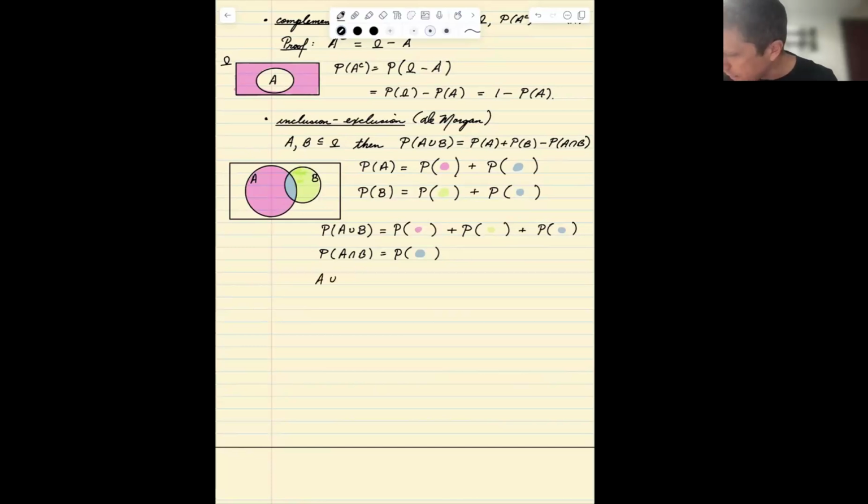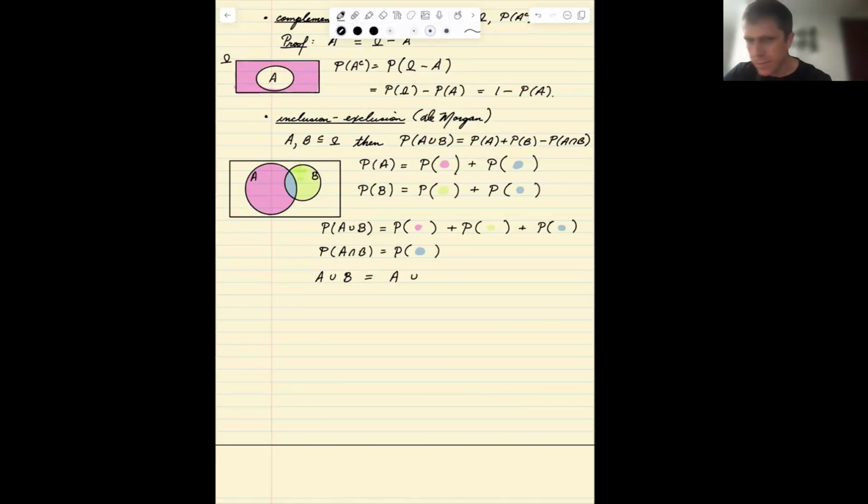We said that A union B can actually be written as A, the part of A not in B, union B minus A, but it's actually B minus A intersect B. Because A contains the pink and the blue, and then the green part is B minus the overlap, B minus A intersect B. Because A intersect B is a subset of B, this is disjoint.